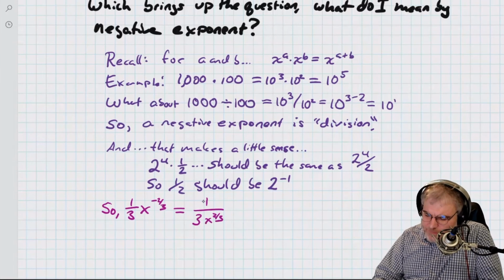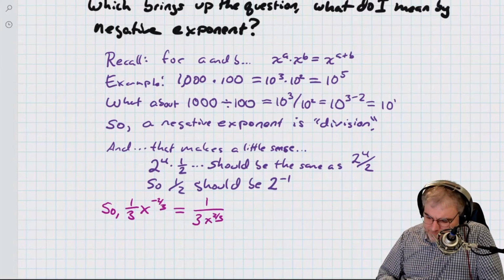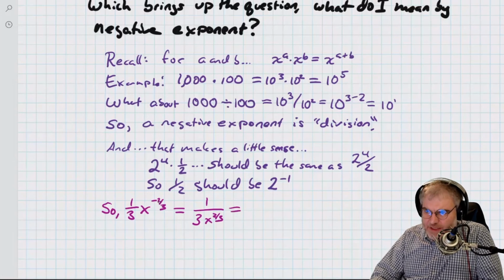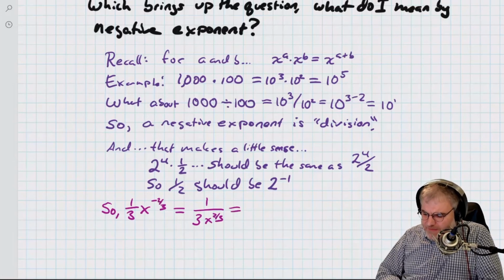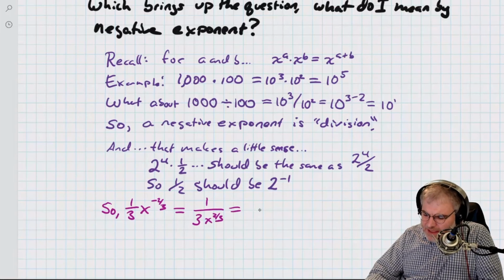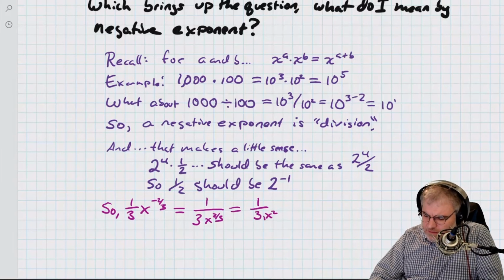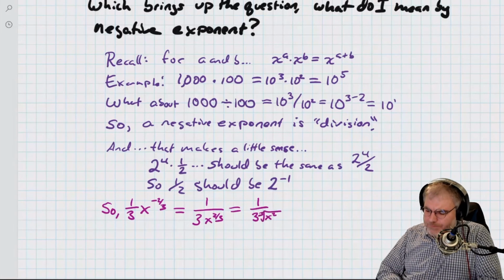So when I move it to the bottom, I put a positive exponent on it because it's division now. It went from a negative exponent on top to a positive exponent here. And that is 1 over 3 x squared, cube rooted.